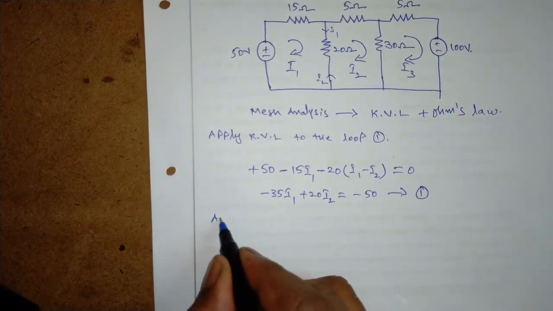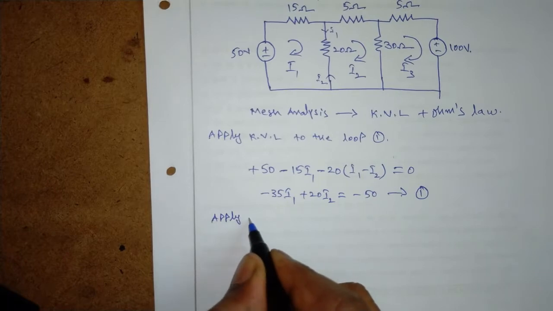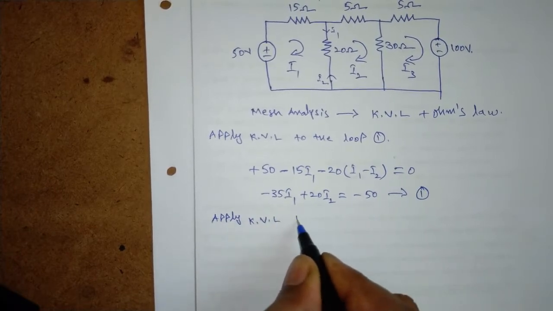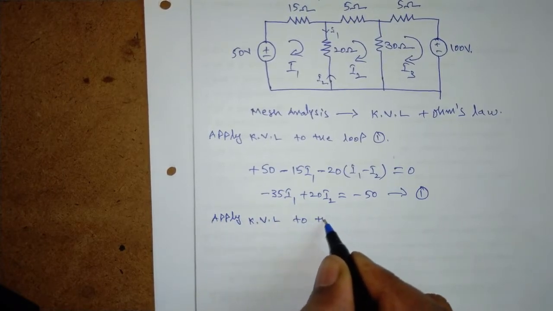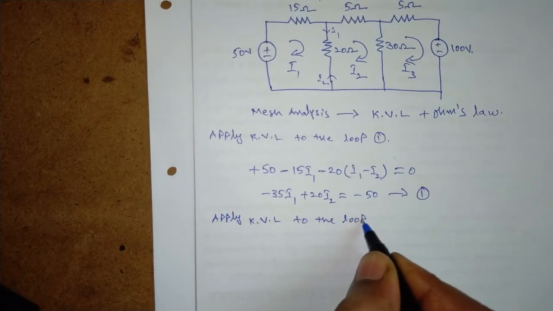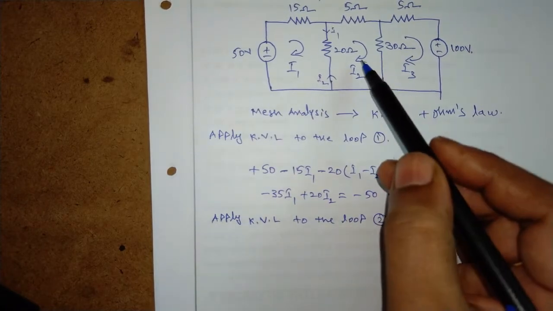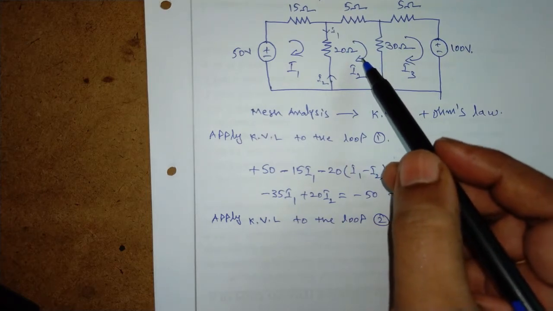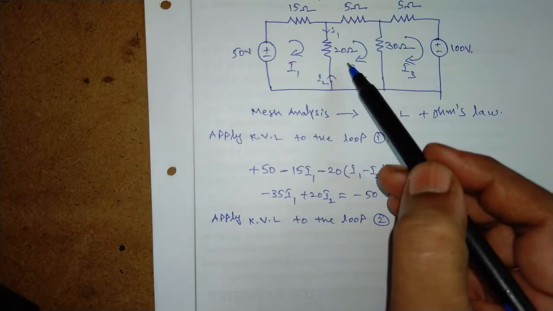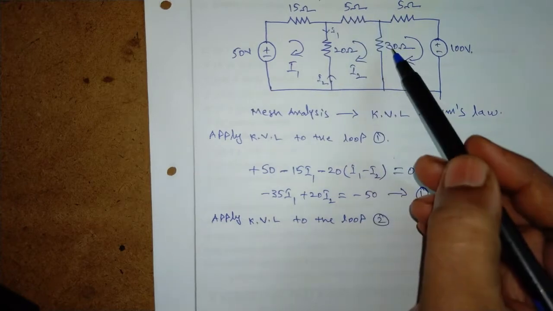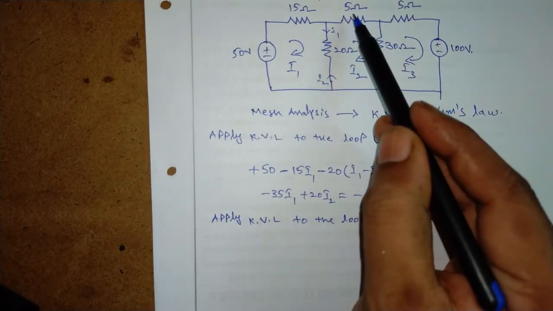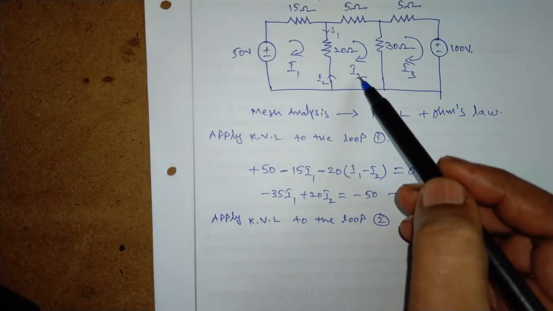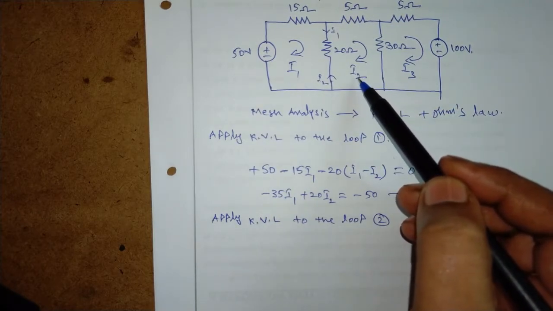Now apply KVL to the loop 2. Here this is the loop 2. Here we have 3 resistors, 20 ohms, 5 ohms and 30 ohms. Coming to this 5 ohms, it belongs to the second loop only.